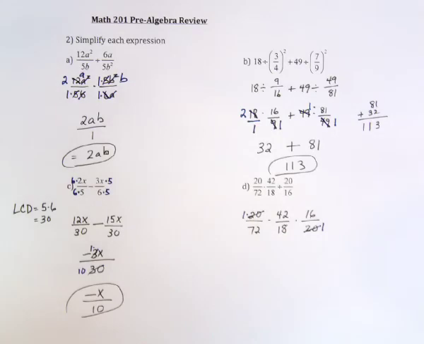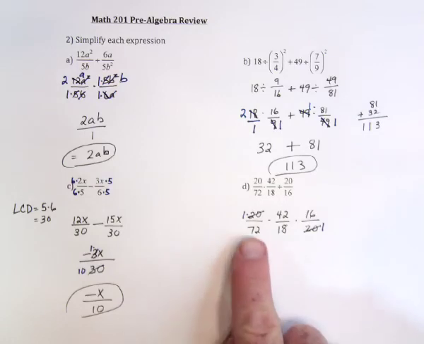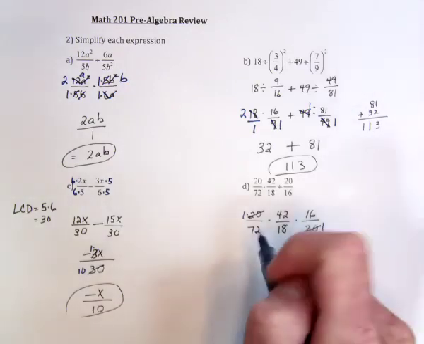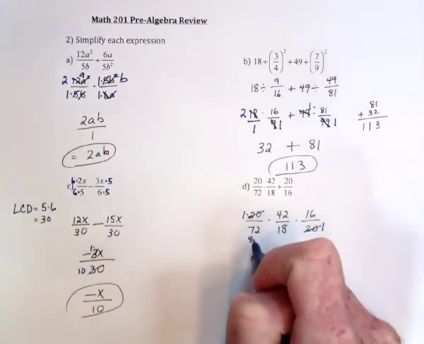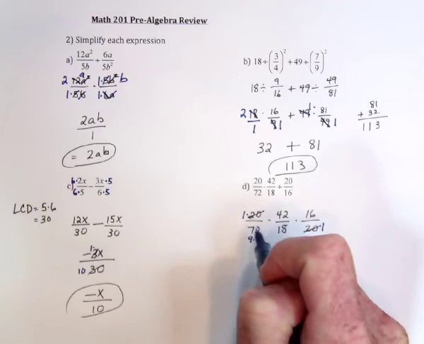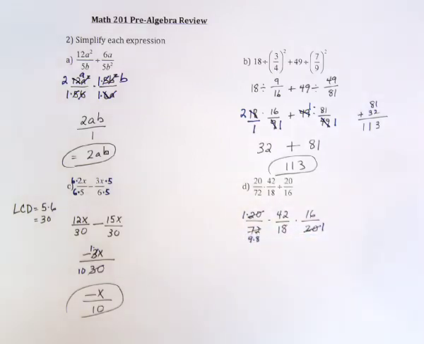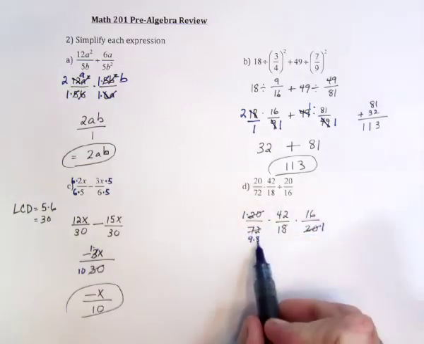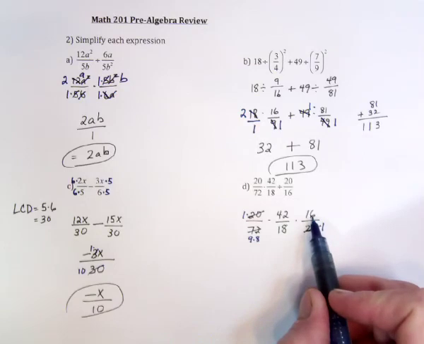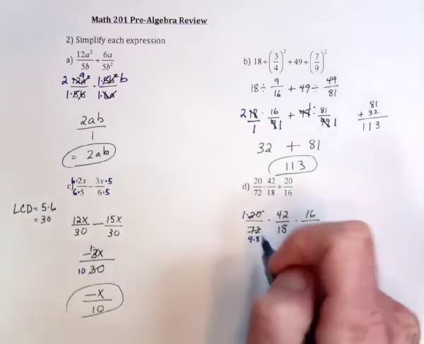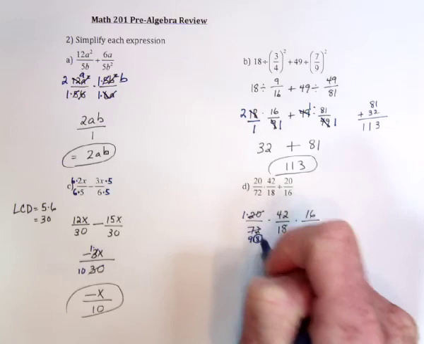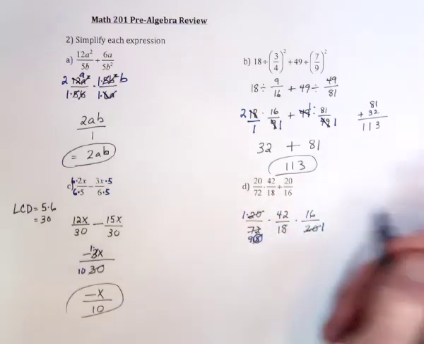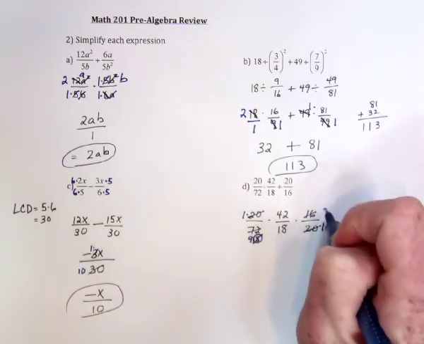Let's see what else. I could divide this. 72 is 9 times 8. And then I could take that 8 and divide it into the 16. So cancel out this 8, divide it into the 16, it will go 2 times.